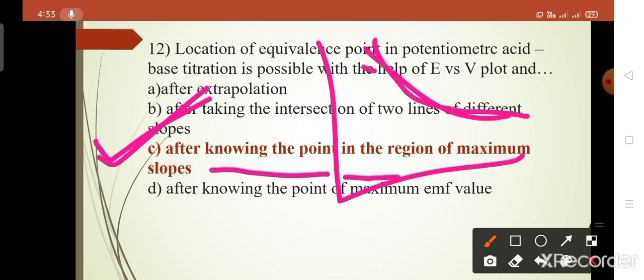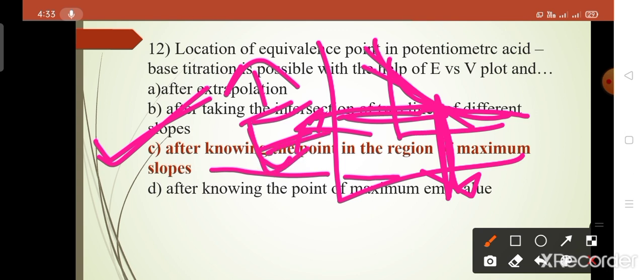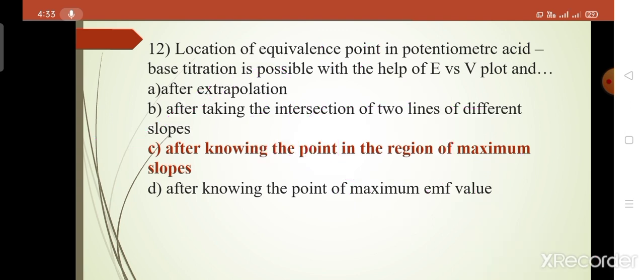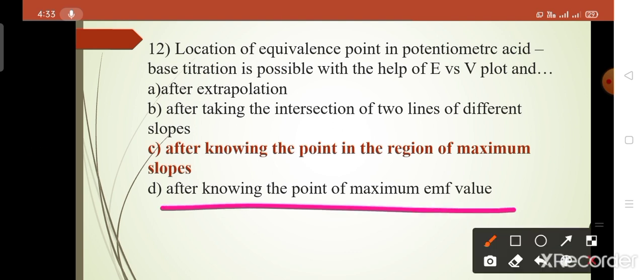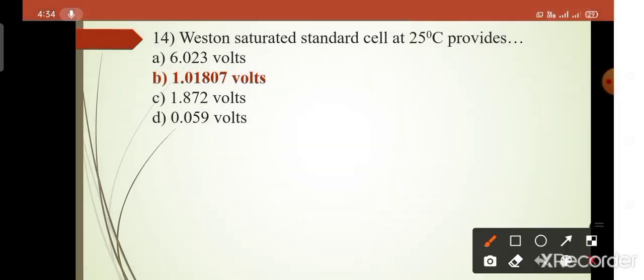Suppose the maximum slope is at the middle section, so the equivalence point is also obtained at the middle, because the equivalence point depends on the y-axis, for example E, and also on the x-axis, that is volume V. Then option D is incorrect, because the equivalence point does not depend on only one value, that is the EMF value.